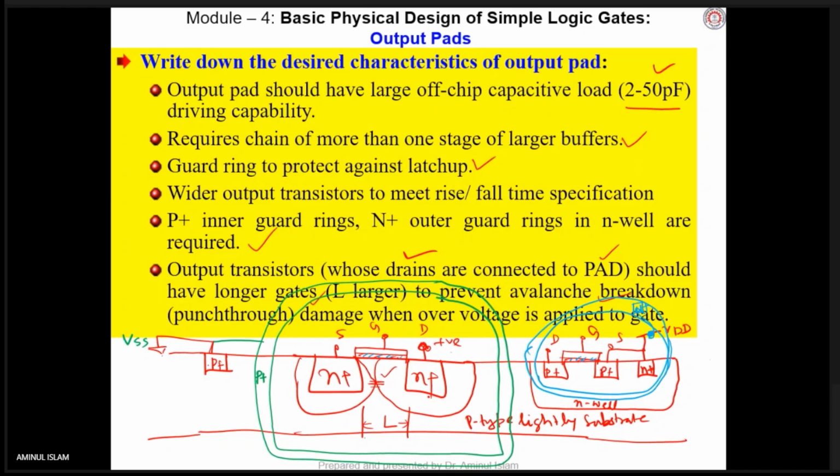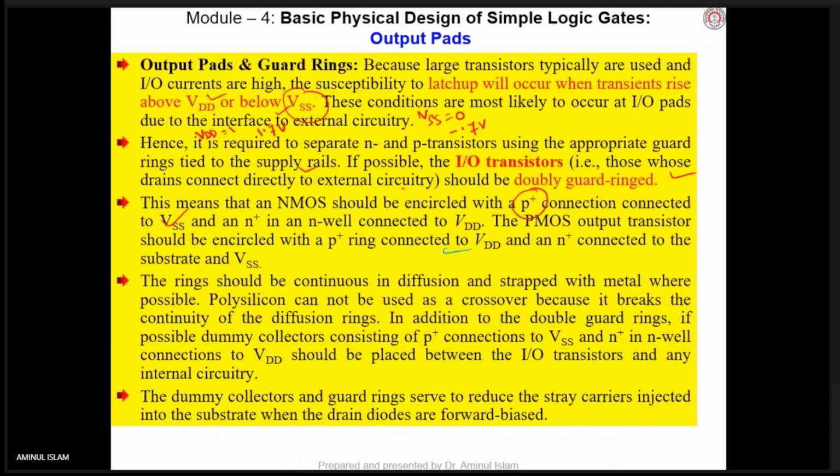So to prevent this punch-through, what is needed? You make L larger, so this may not happen. So you have to ensure that a longer MOSFET is used.